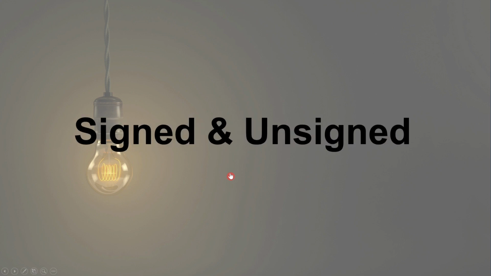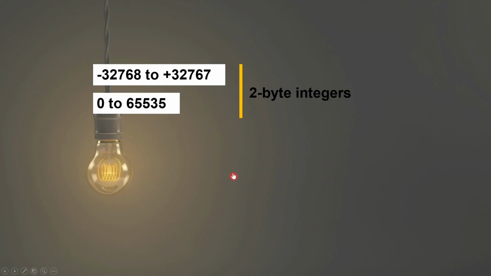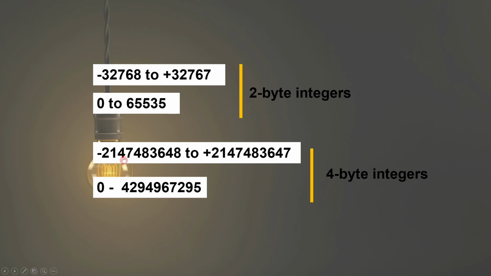As I already told you, integers can have signed and unsigned range. Typically, the signed range is from minus 32768 to plus 32767, and the unsigned range is from 0 to 65535 for a 2-byte integer, and for 4 bytes it would be a larger range.